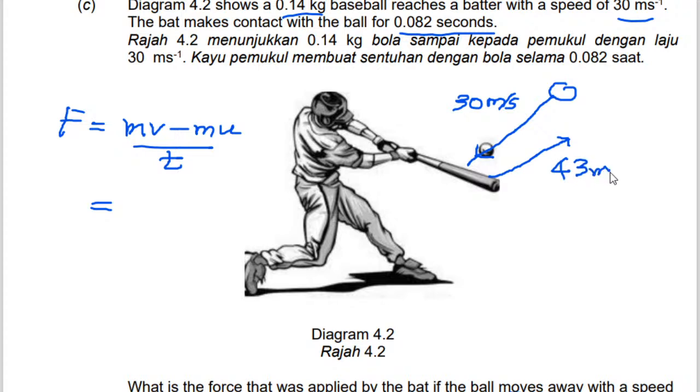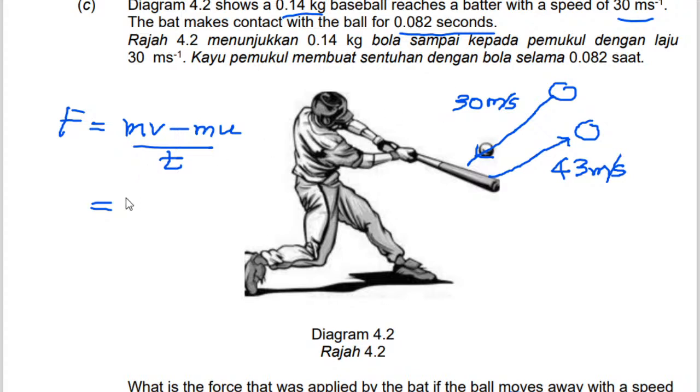So do you see that the velocity before and after, the ball is moving in opposite direction. So when like this, one should be positive, the other one negative. To make it easy, we use after as positive and before, the opposite direction, we put negative.